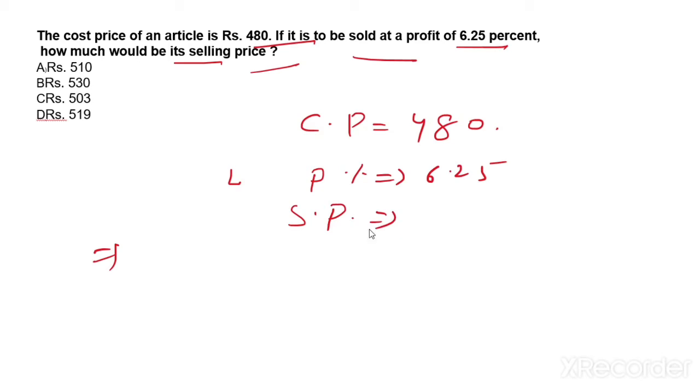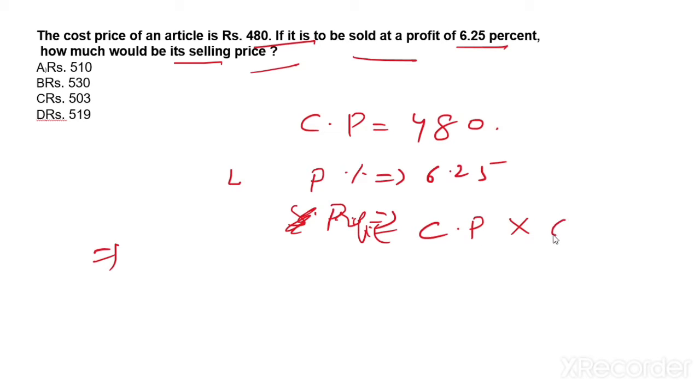When we are calculating the selling price from CP and the profit percent or loss percentage is given, the formula that we apply is: first of all we'll calculate how much profit we made. How will we calculate it?